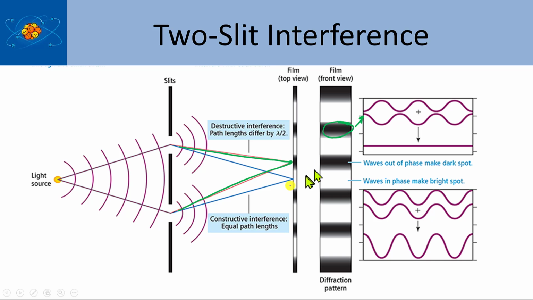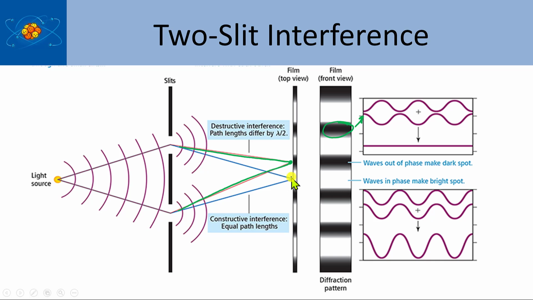Now, if it just so happens that the two waves come to a point and are in phase, then you get bright spots. So this is in phase, bright spots, where the paths may not be the same length, but the difference between them is always some multiple of the wavelength.